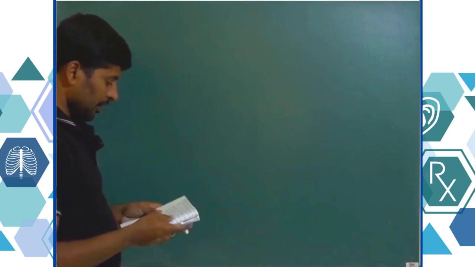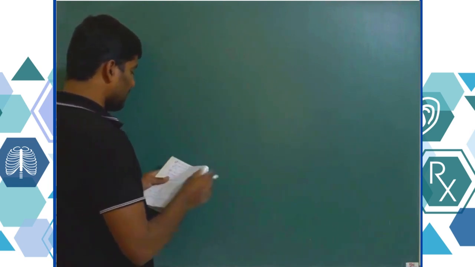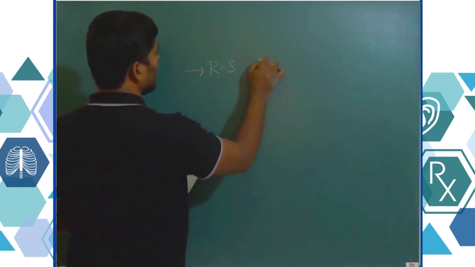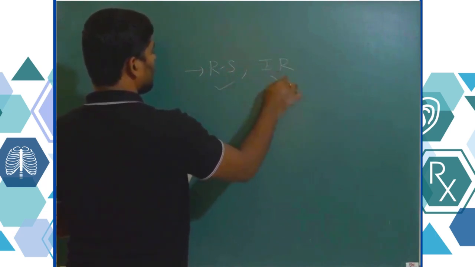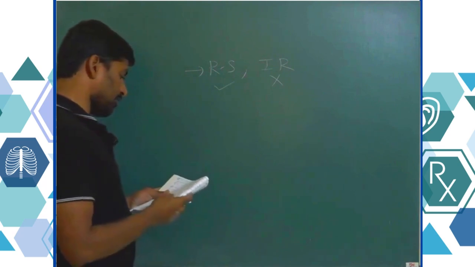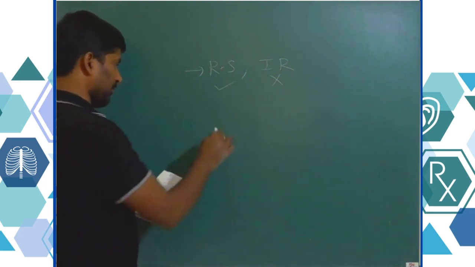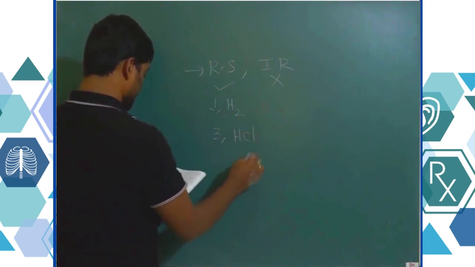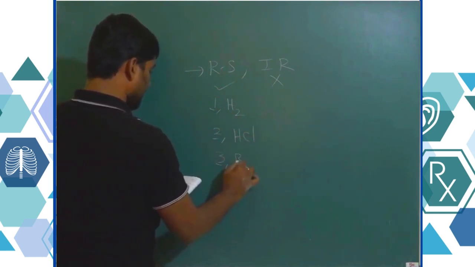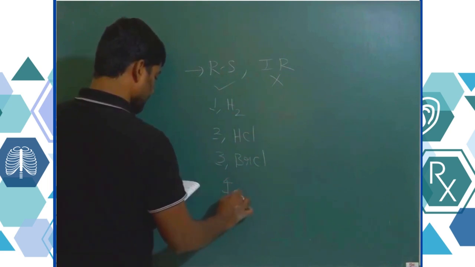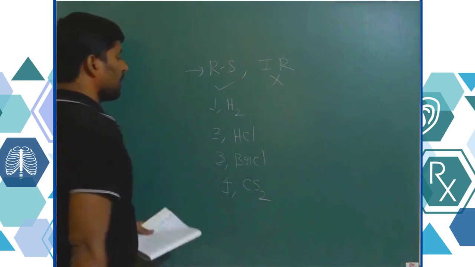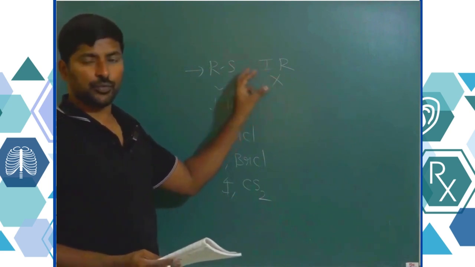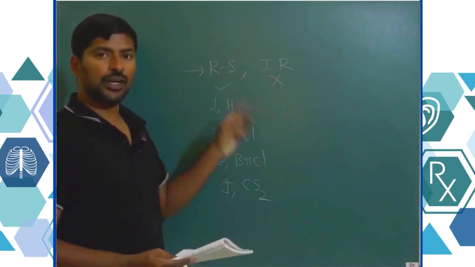Next, this is given. The molecule that will show a Raman spectrum but not an IR spectrum among the following is, options given: H2, HCl, BrCl, CS2. We know homonuclear diatomic molecules are IR inactive and microwave inactive, but they are Raman active.